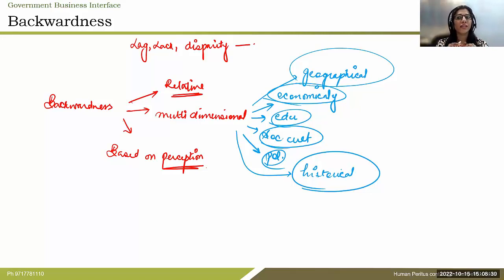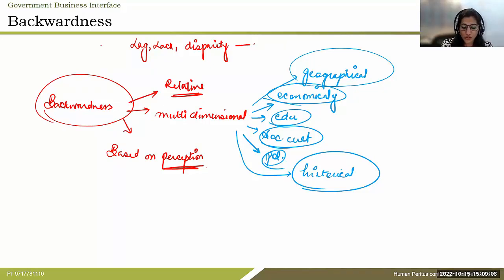The people of that village would consider themselves advanced, since they have a hospital in their village. But other villages which already have 2 or 3 hospitals, or maybe the cities, would consider that particular village backward. So it is based on perception as well. So the term backwardness can be relative, can be multidimensional, and the concept of backwardness can have different perspectives.